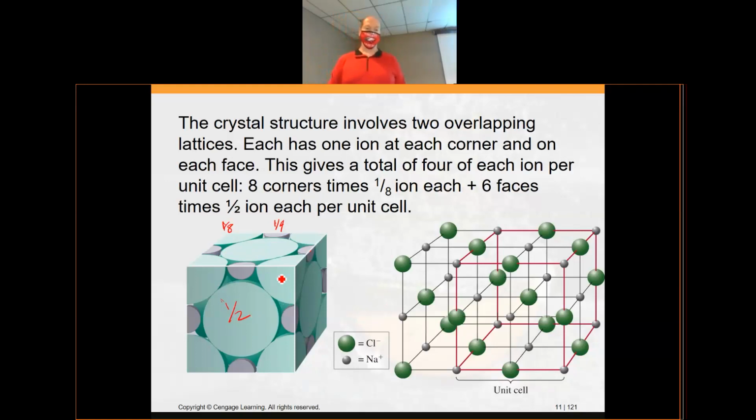All right, and so we have our structure here where we have 4 edges, another 4 edges, another 4 edges. All right, so we have our 12 edges. That is 1/4 each. So we have 3 on the edges that are inside of the cube.